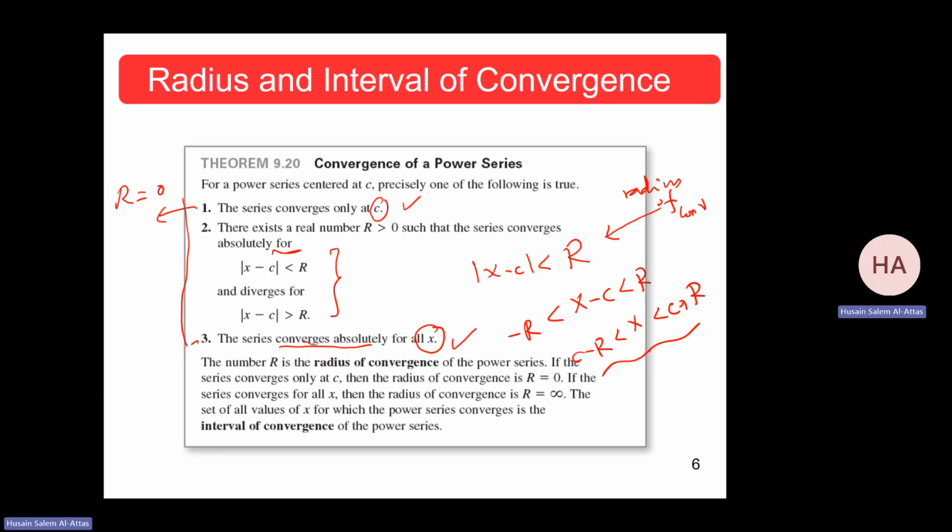In this case, the radius of convergence is infinity. In this case, the radius of convergence is R, and the interval we will find out. This one, the interval will be what? Minus infinity up to infinity. This one, just the point. This one is an interval by itself.